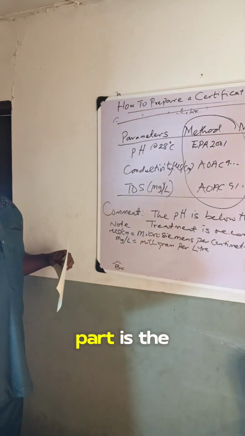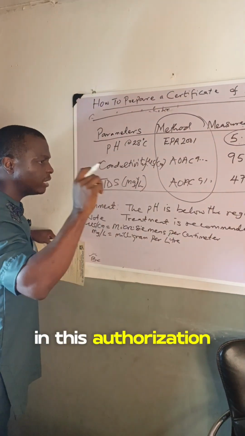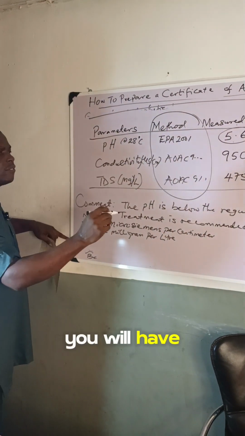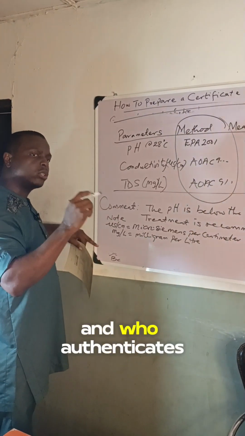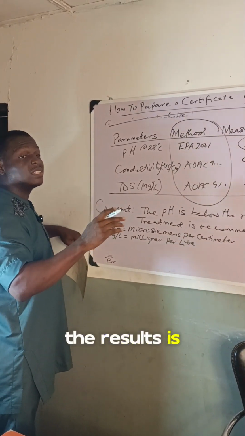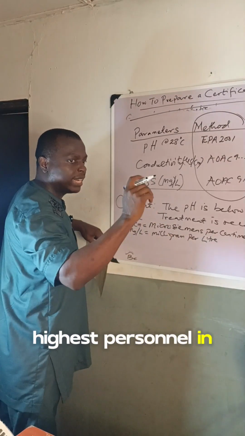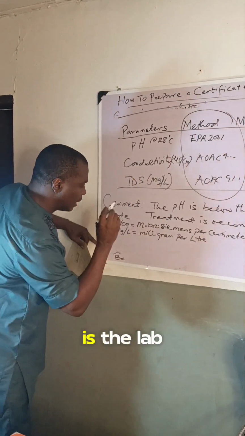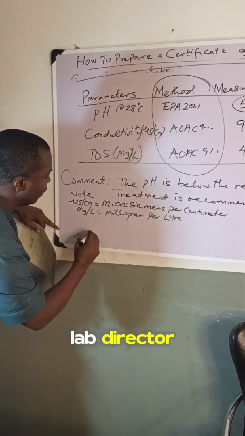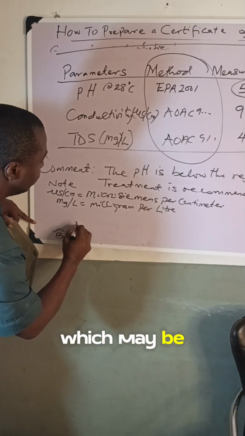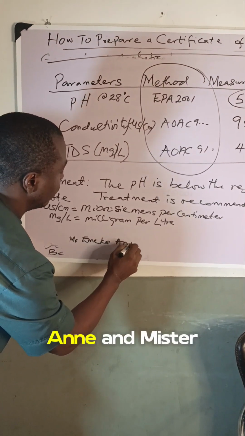Then the last part is the authorization and signature. In this authorization and signature, the lab will have to authenticate the result. And who authenticates the result is the highest personnel in the lab. And most of the times it is the lab director. So what happens here is that you give a name of the lab director, which may be Mr. Emeka Ane.